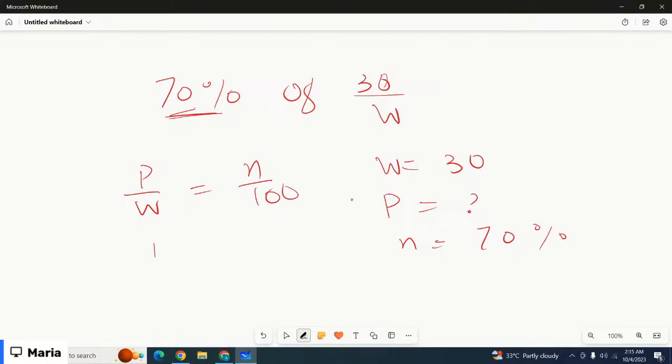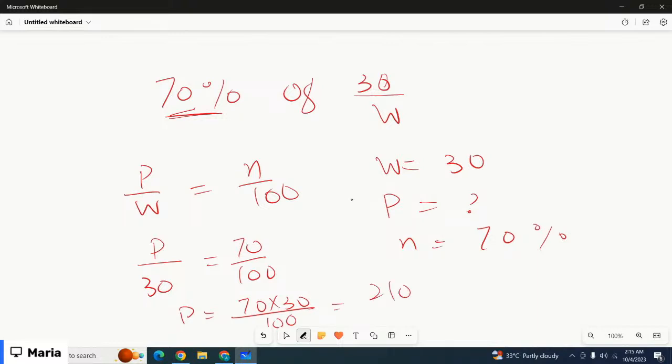So part is what you need to calculate, whole is 30 and 70 over 100. Just multiply 30 other side, so it would be 70 times 30 over 100. So 70 times 30 is 2100 over 100. That equals 21. That means 70% of 30 is 21, right? Got it?